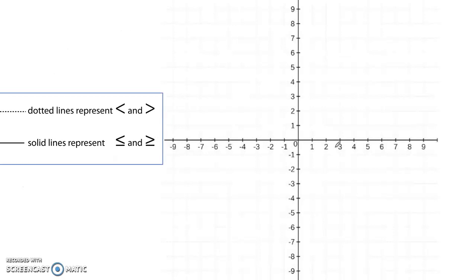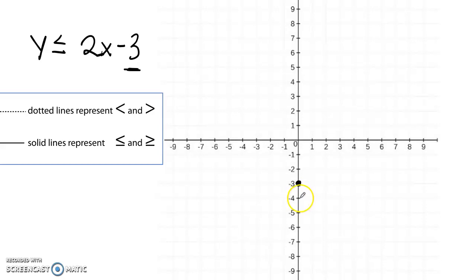All right, so let's graph this inequality, y is less than or equal to 2x minus 3. Remember, when we graph inequalities, we start with the y-intercept first, just like we were graphing equations.